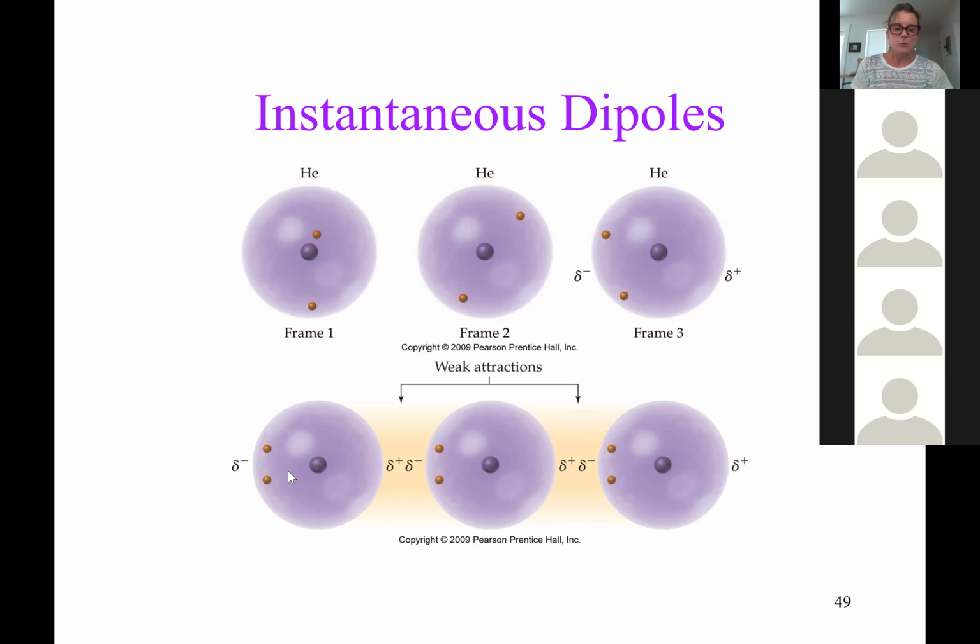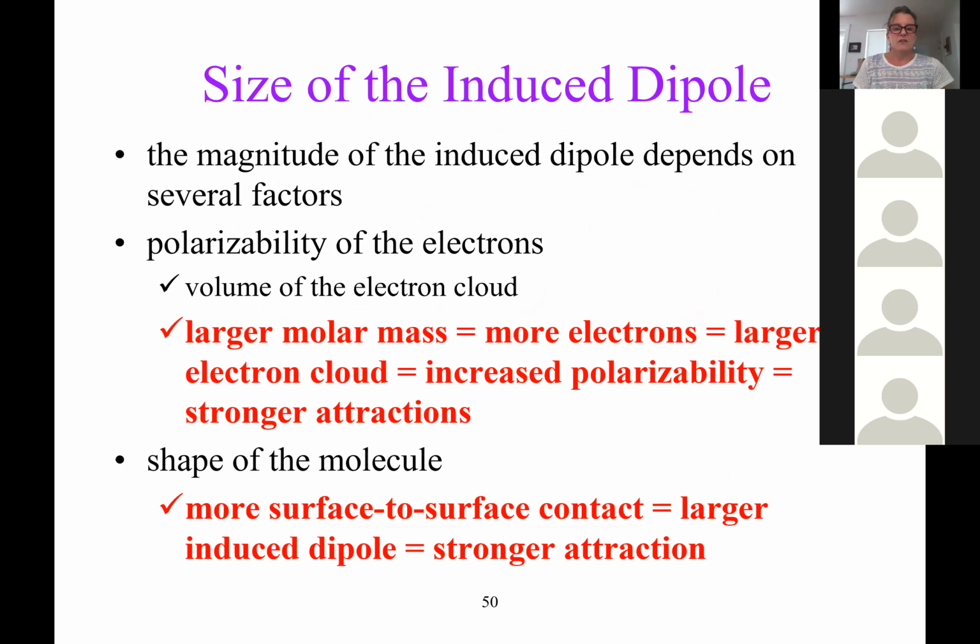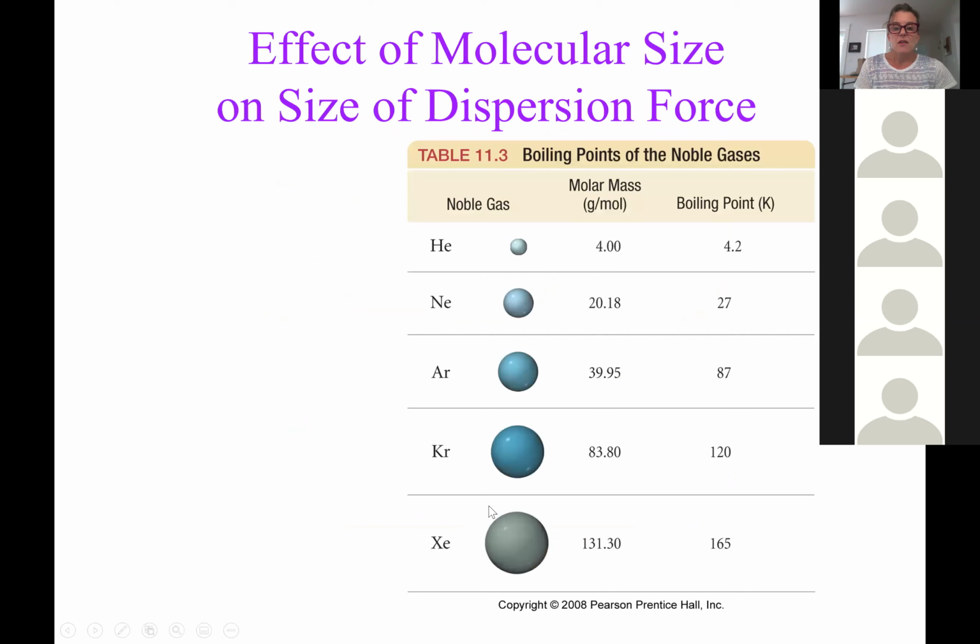There's no full charge. That's the ion pair, that's the strongest. There's no permanent dipoles. The dipole-dipole interactions are the next strongest. These are just weak, small, temporary dipoles. Those are the weakest. One thing that's worth understanding is that the bigger the radius, the more you can polarize the electrons.